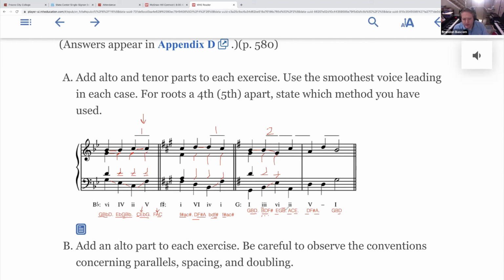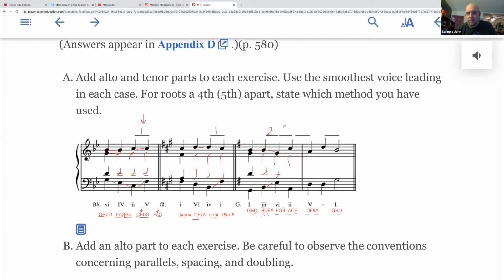All right, next we have 1 common tone, which is the E. We don't stay on it in the bass, but we could stay on it in the alto. But what do we have in the soprano? We have a leap in the soprano. And we leap from our third. Right? So we need stepwise motion.